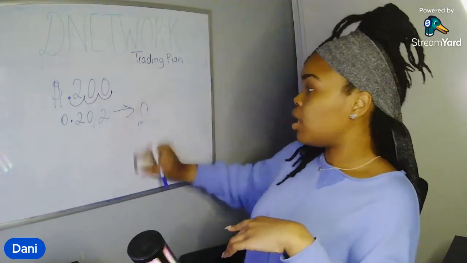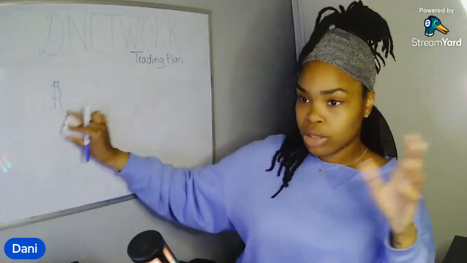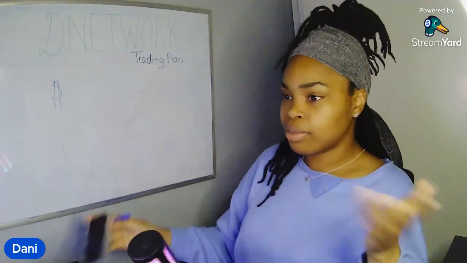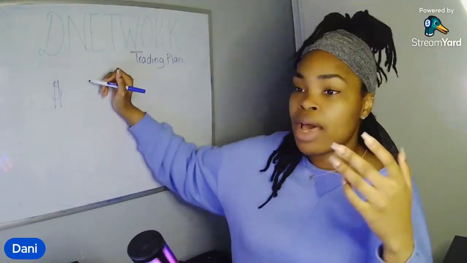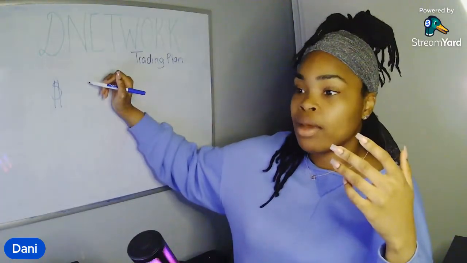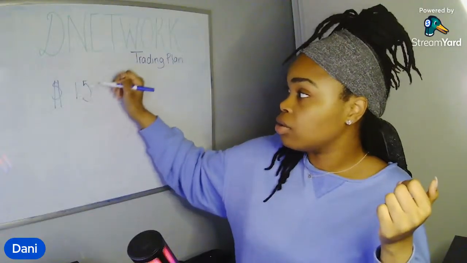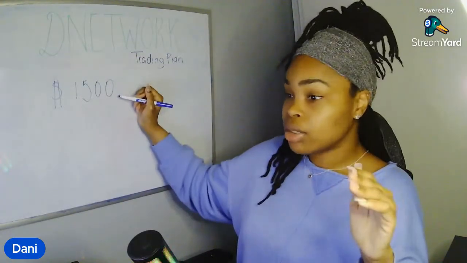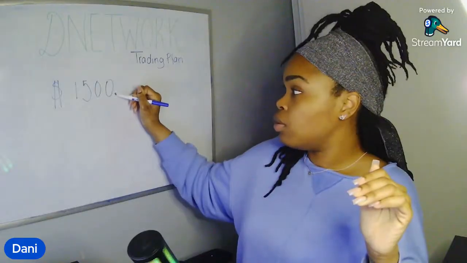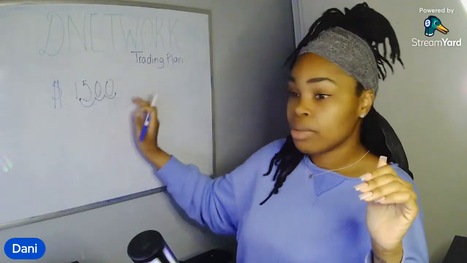And lastly, let's use a bigger account size. I was going to use 500, but half of 0.50 is 0.25. You get the idea. Let's say you have a $1,500 account. It doesn't change. 3 spaces.